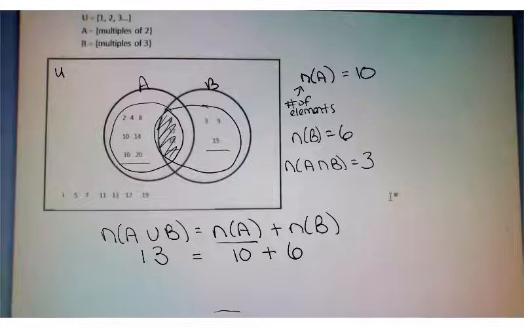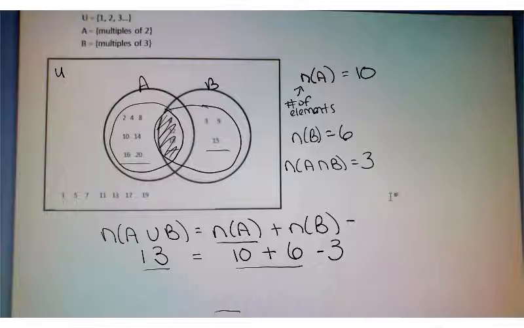If you note, the number in the union, which is 13, is off from the addition over here by 3. And that's significant because 3 is the number in the intersection. If we want to balance this, we would have to subtract off that number in the intersection. Now the left side is equal to the right side. So what we find is if we want the number in the union, you can go ahead and add up the number in both sets.